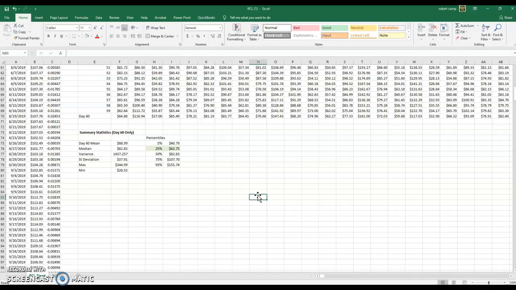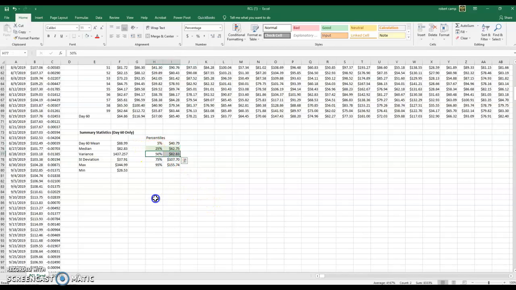That means that in 25% of the scenarios where we were simulating the stock price 60 days from now, 25% of those scenarios are going to fall below 62.75. So that just tells me that 75% of our scenarios are going to be above that line.